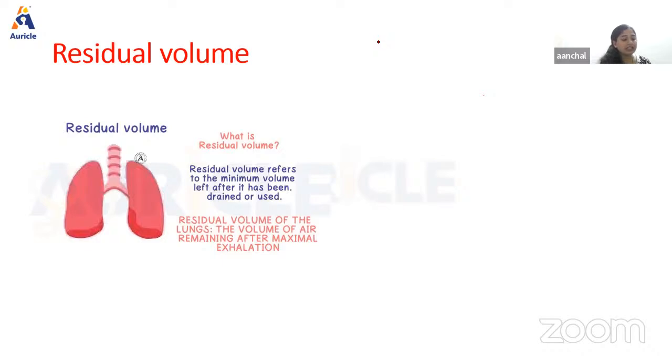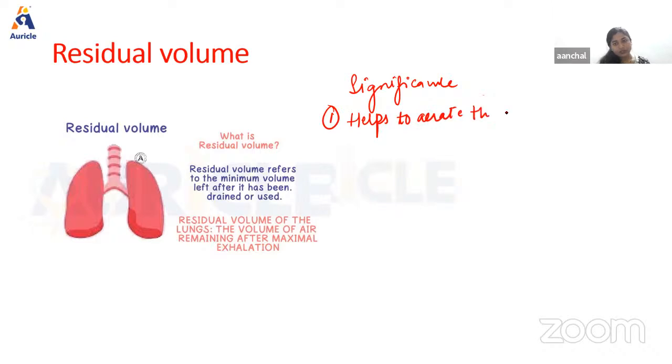So what is the significance of residual volume? The significance is that it helps to aerate the blood in between breathing and during expiration.